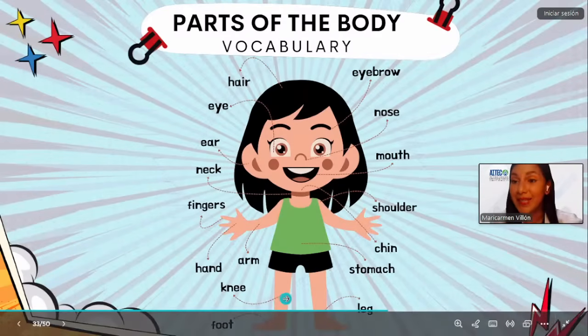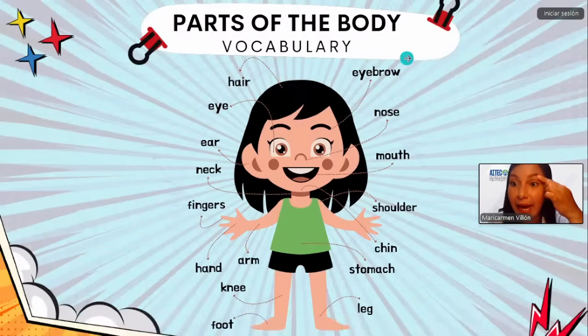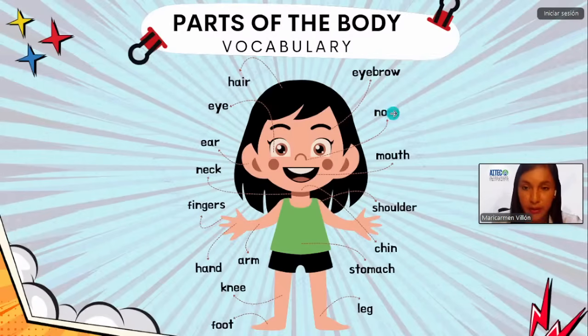Okay, here we have the knee. Look, this is your knee. And the foot, right? Foot, just one. Remember this vocabulary from last course. We got the eyebrow. We have the nose. We got mouth.